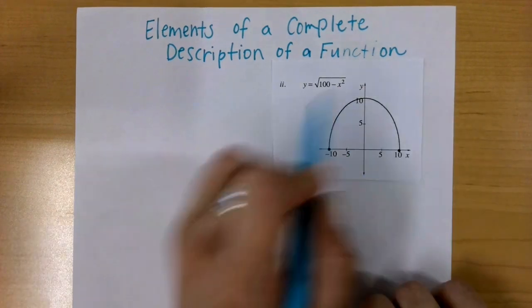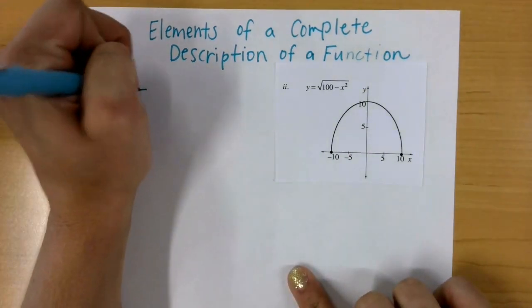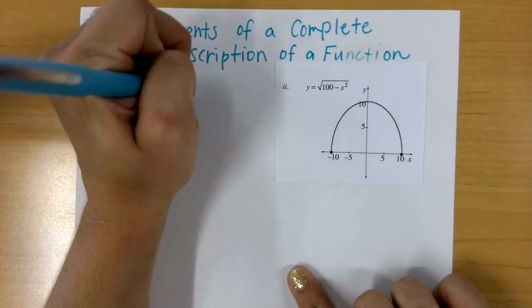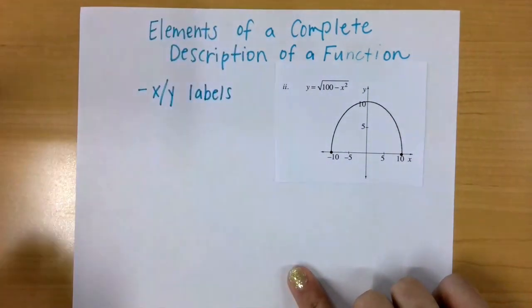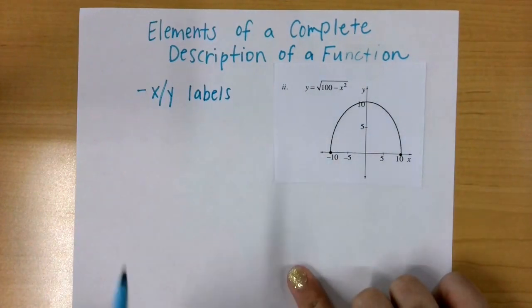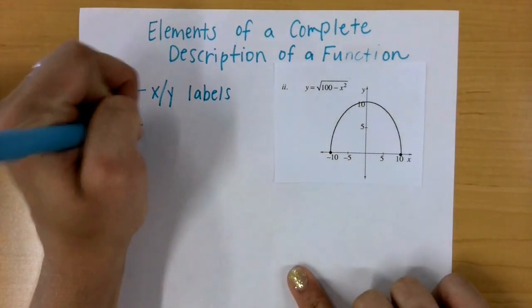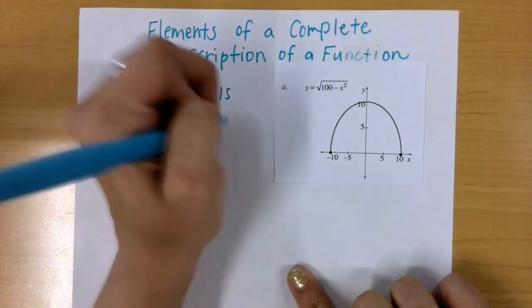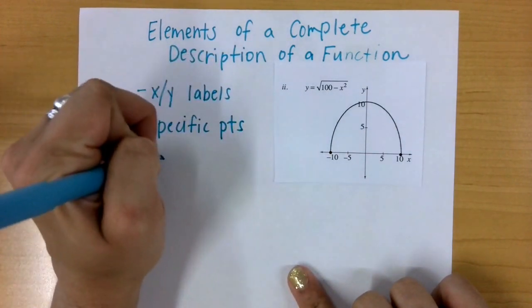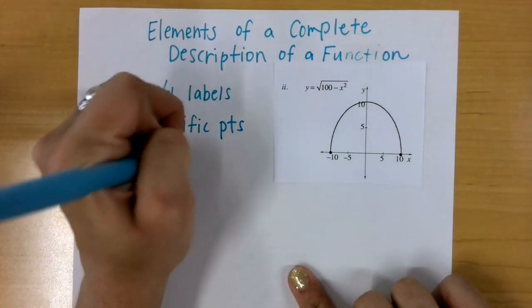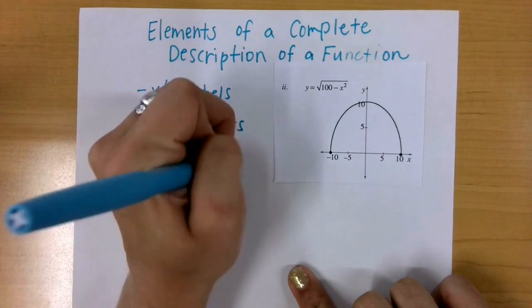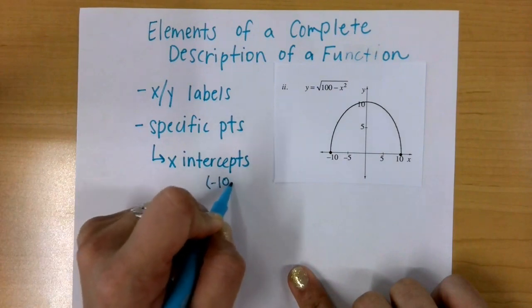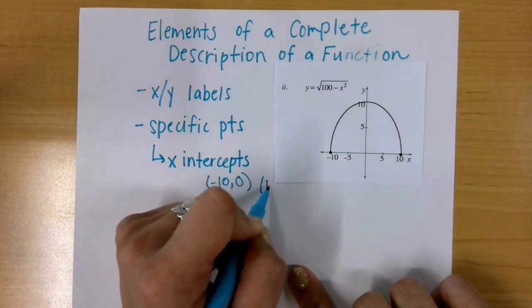So this would be complete because my x and my y axes are labeled by using x and y. I've got a sketch here that has specific points. And some of those specific points are my x-intercepts. I can see here they're at -10, 0 and +10, 0.